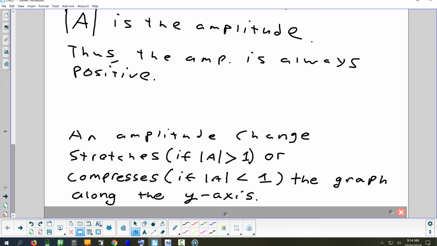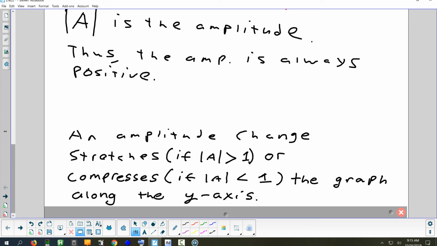If the absolute value of the number in front is less than 1, then the graph will compress. Right. So numbers that would cause your graph to stretch: 3, 5, -8, -20. All those numbers would cause your graph to stretch.